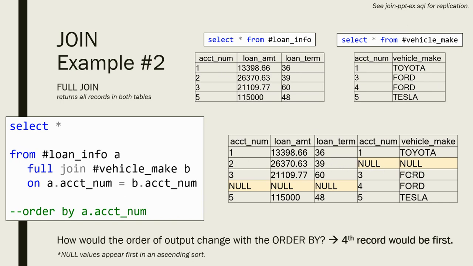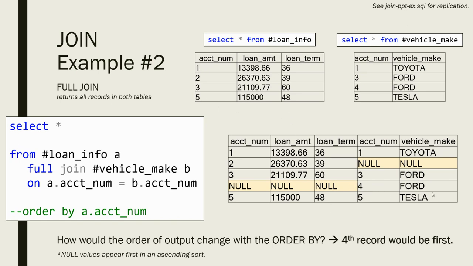And then for the right table, null values will be supplied for those fields that are not found for that account number in the right table. So we have null values here. The same occurs when a value is found in the right table that is not also in the left table.